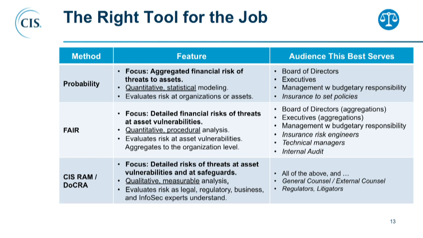Very useful, again, for boards of directors and executives if you aggregate, but now you can get into insurance risk engineers, people who help reduce risk in the field because they've got control-level views of vulnerabilities at assets where we've got CIS controls really trying to address issues. It's good for technical managers. It's good for internal audit because you've got a nice, clean, easy way to evaluate the potentials of risk.